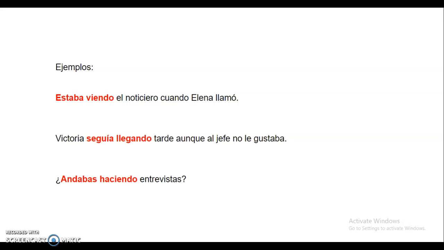Don't always use estar. I know that you know how to use estar. Estar is very simple, and you know how to conjugate it in the present and in the past, but force yourselves to use andar en seguir. And then you're going to have in activity 12 those pictures. So, something happened. An earthquake, el terremoto. There's an earthquake happening. And these people were doing some things. What were they doing?